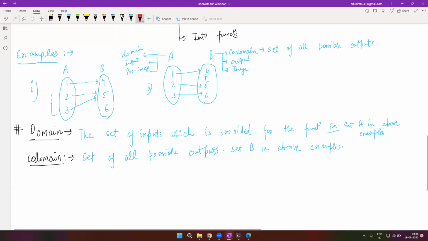Right? Now let's talk about range. So your range is the set of outputs we get after putting all the values from domain.